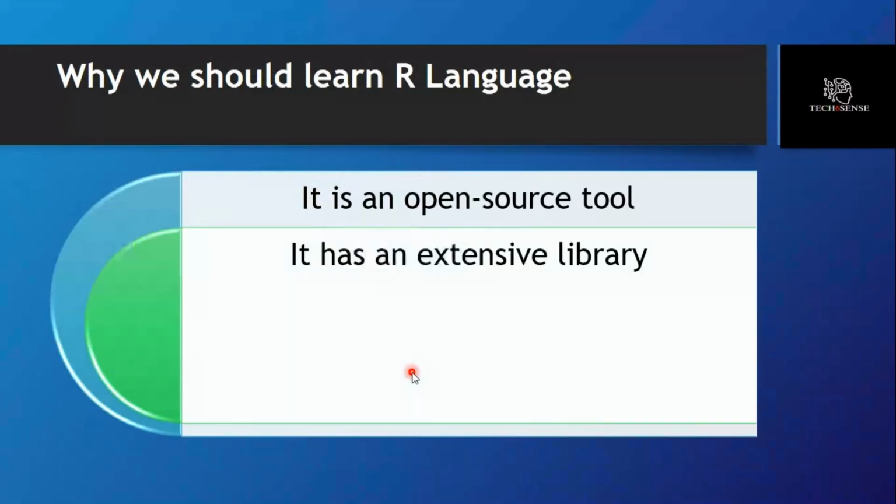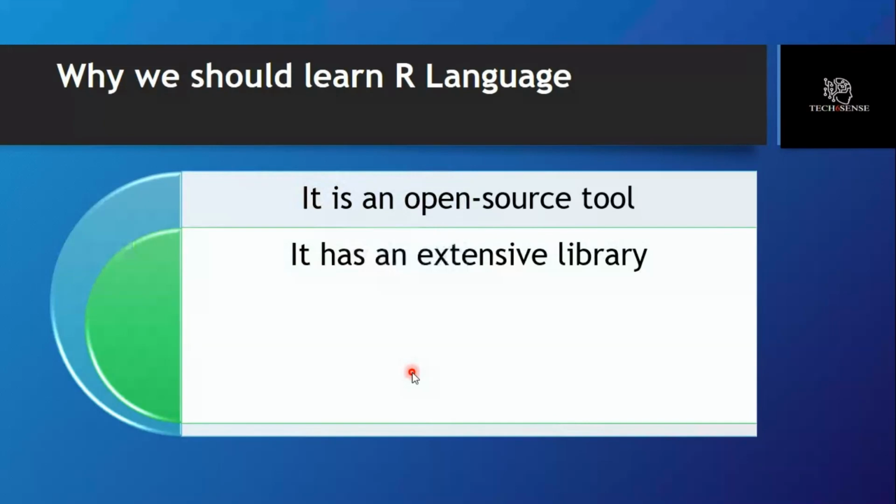As we mentioned earlier, R comes with an extensive library of inbuilt packages and functions designed to cater to different needs. It has special packages for machine learning, statistical modeling, data analysis, data manipulation, data visualization.